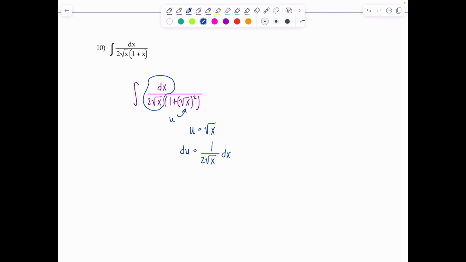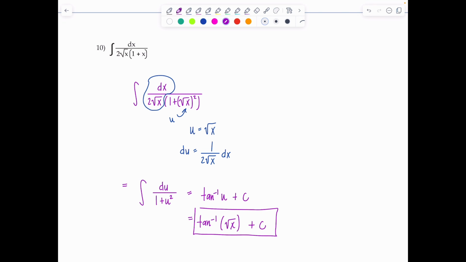Can you rewrite the integral in terms of u now? I think so. You would have du over 1 plus u squared. Who's that? We know that antiderivative. That's tan inverse of u plus c. Tan inverse of rad x plus c. That is it.